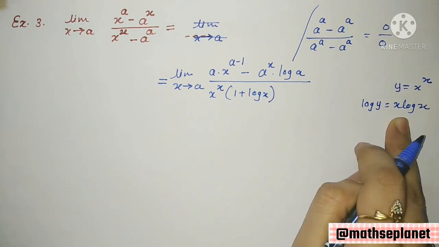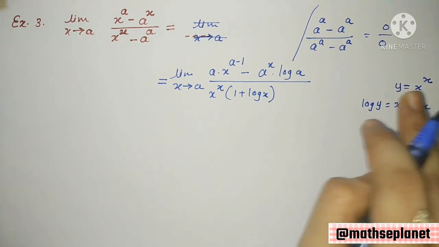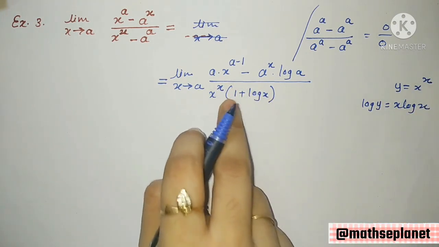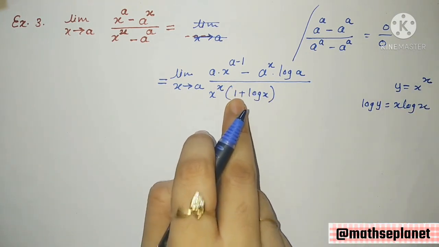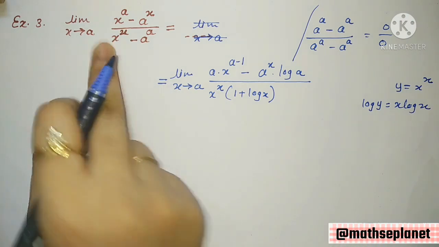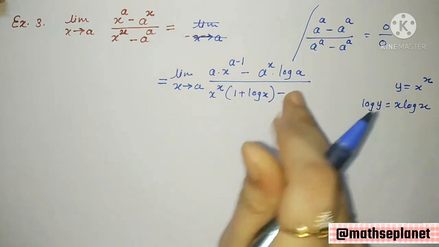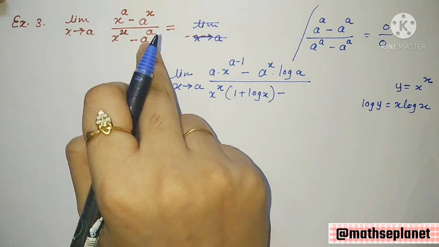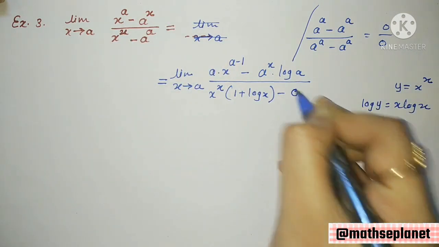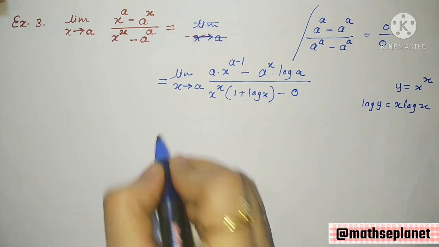When you take the differentiation of x raised to x, you will get the answer x raised to x in bracket 1 plus log x. You have to take the logarithmic differentiation to differentiate x raised to x, minus differentiation of a raised to a. A raised to a is a constant, so the derivative of that is 0.